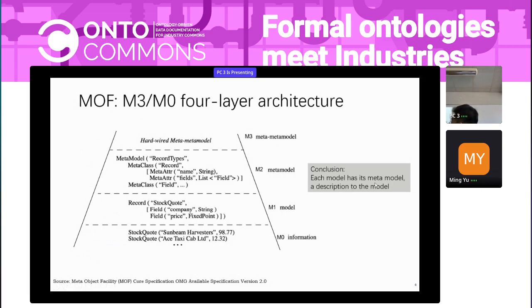My conclusion is that for any kind of model, no matter whether it is a model or a meta model, each model has its own meta model. That means every model has a description of itself.